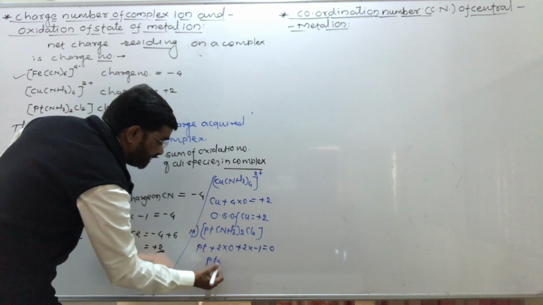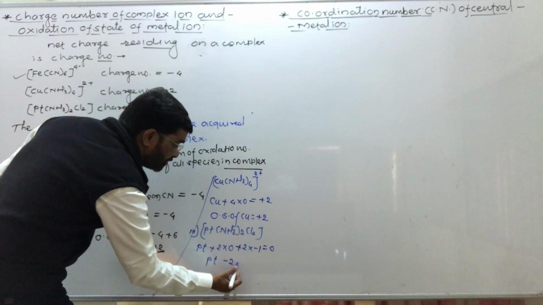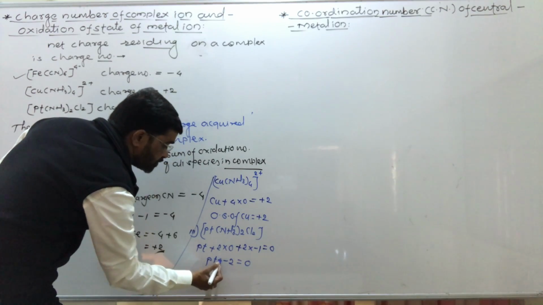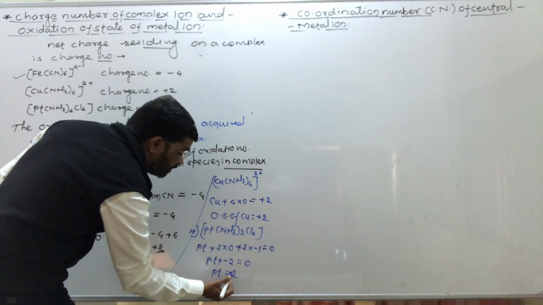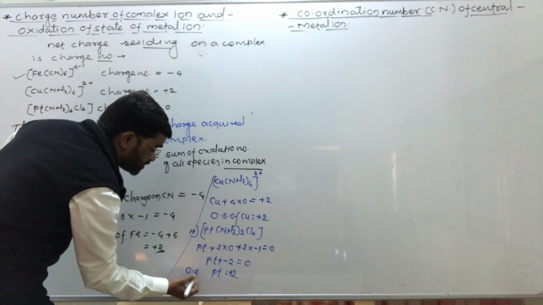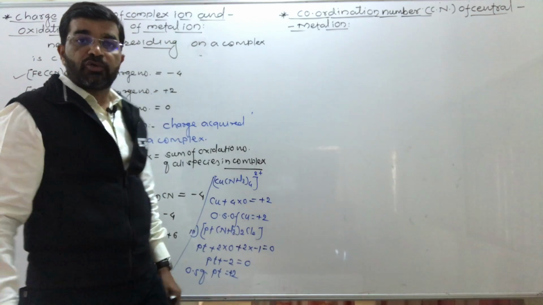So platinum minus 2 equals 0. So here platinum oxidation state is equal to plus 2.